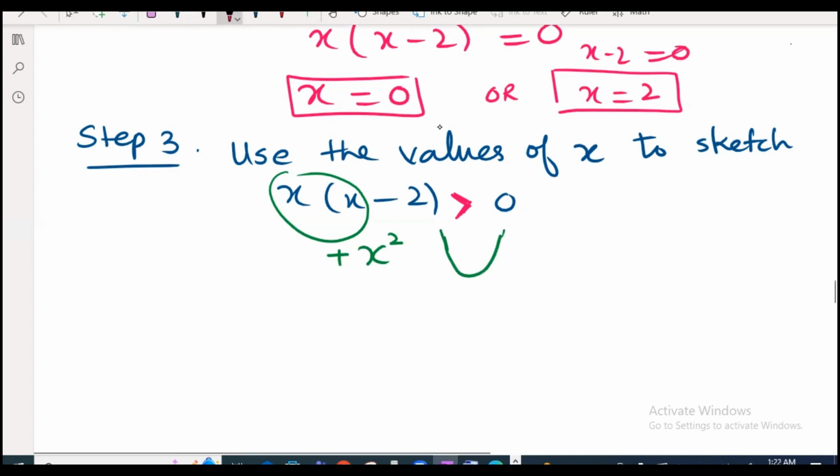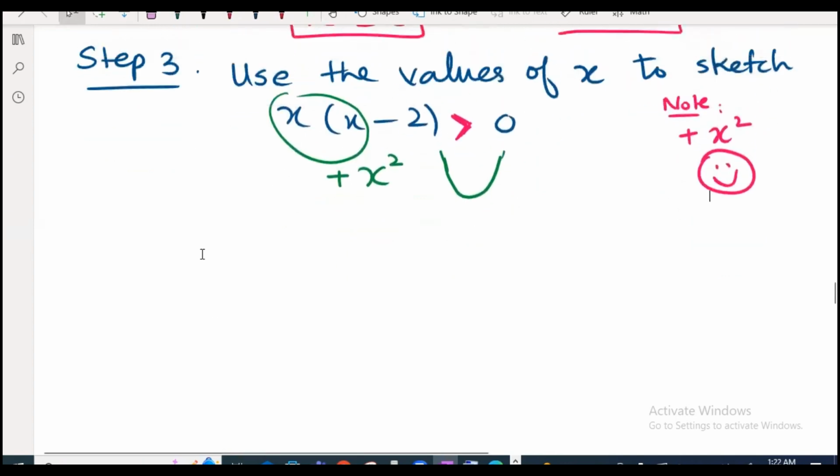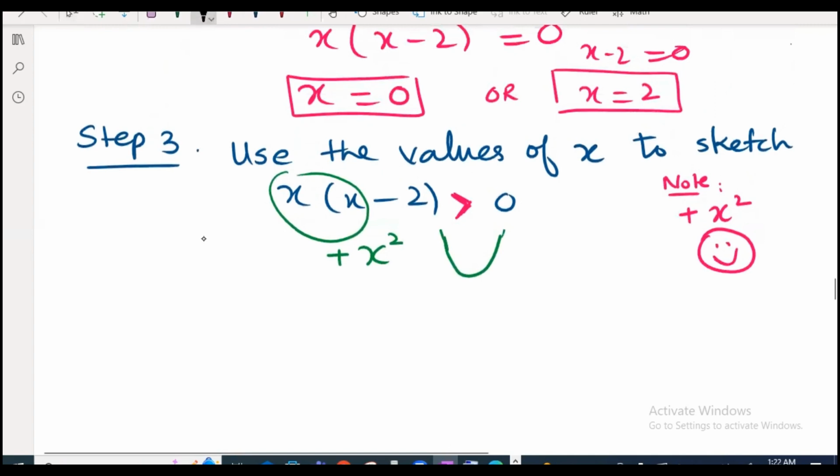There is a note here: when x squared is positive, you can memorize it with the happy face. Now going to sketch this inequality. To sketch this, we have x equals 0 and x equals 2.